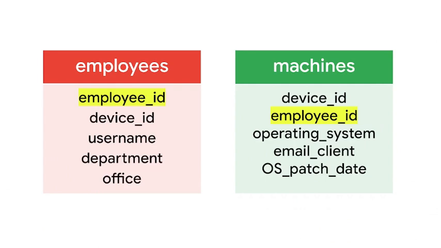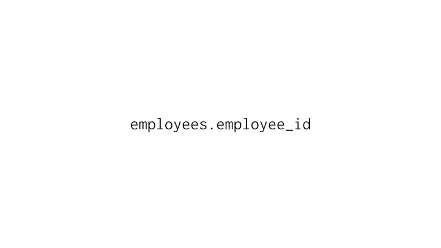In SQL statements that contain two columns, SQL needs to know which column we're referring to. The way to resolve this is by writing the name of the table first, then a period, and then the name of the column. So, we would have employees followed by a period, followed by the column name. This is the employee ID column for the employees table.